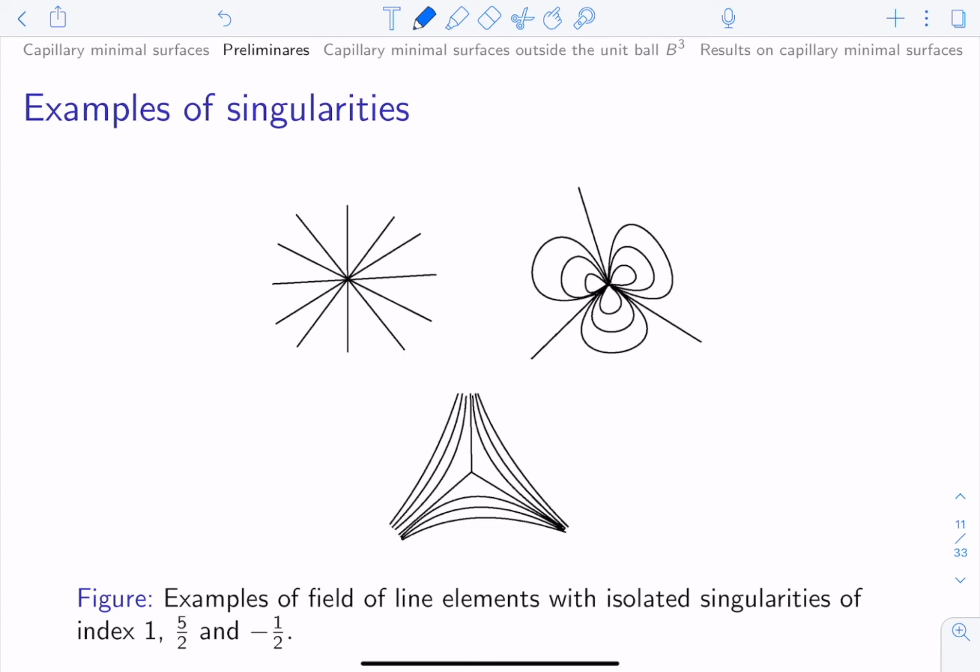So here are examples of singularities. We can easily see that these are singularities in the field of line elements, and they have index 1, 5/2 and minus 1/2.